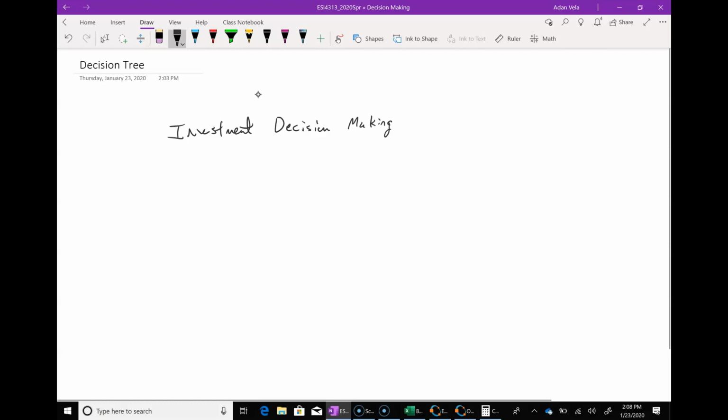She goes, I have $100 for you, and we can either invest in stocks, or we can invest in bonds. Okay, so for those of you who don't know, bonds tend to be quite a bit more stable, right?